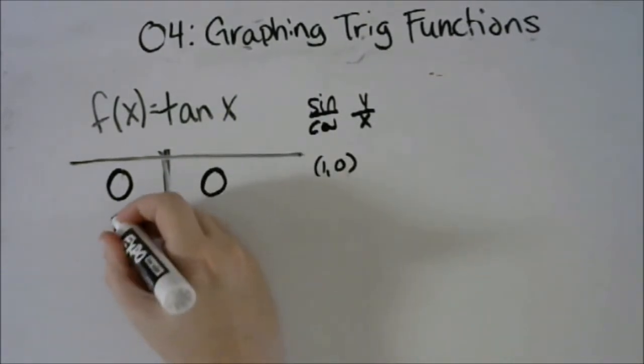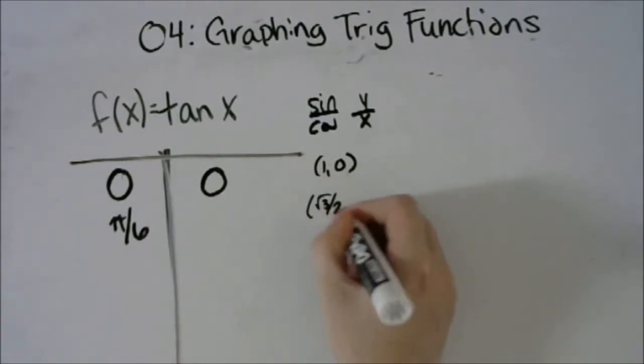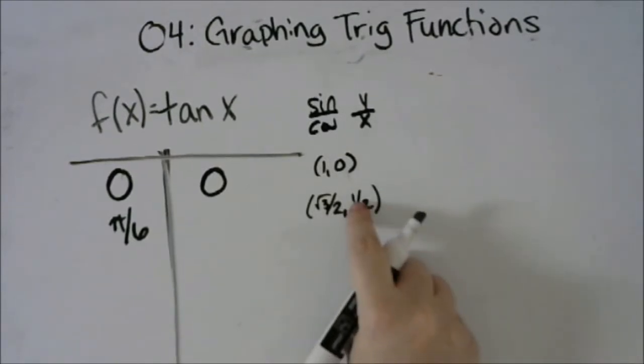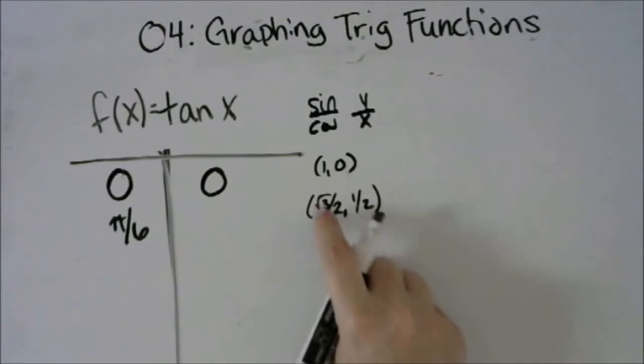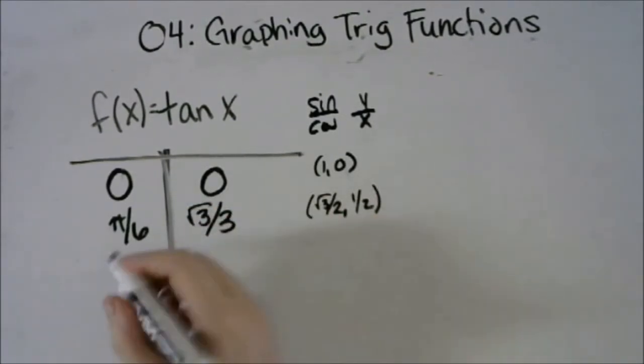At pi/6, the ordered pair is rad 3 over 2, 1/2. If I do y divided by x, I get 1 over rad 3, which rationalizes to rad 3 over 3.